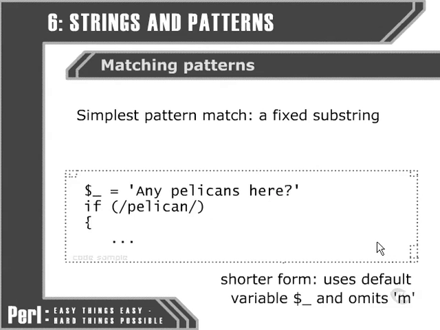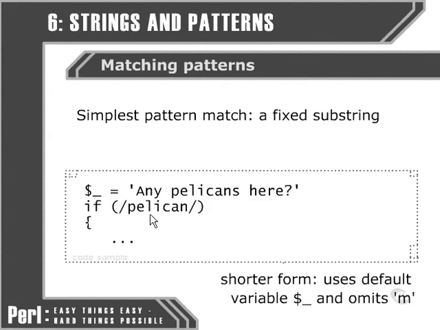If we use the default variable, this special variable over here, we can use our regular expression here without specifying which string we're going to search against. Just like most other functions within Perl, the special variable $_ acts as the default variable that the function will operate on if we don't specify any particular variable on which we want our function to be carried out.